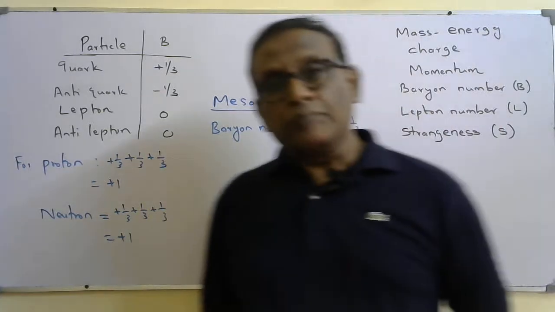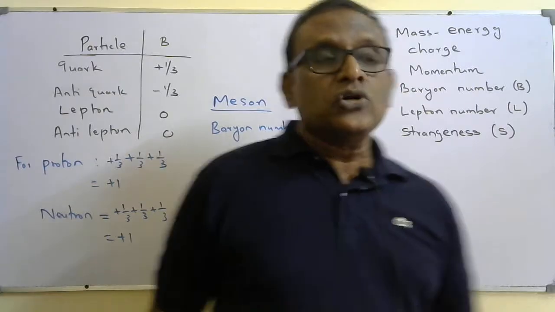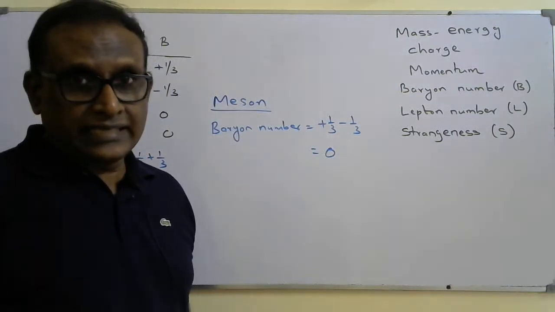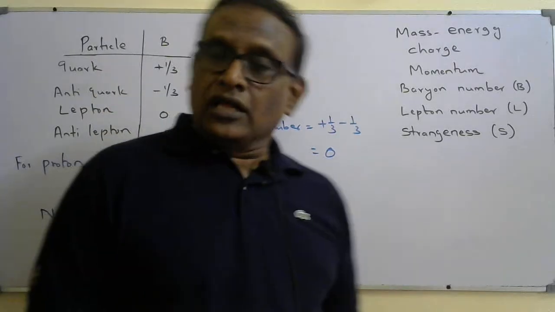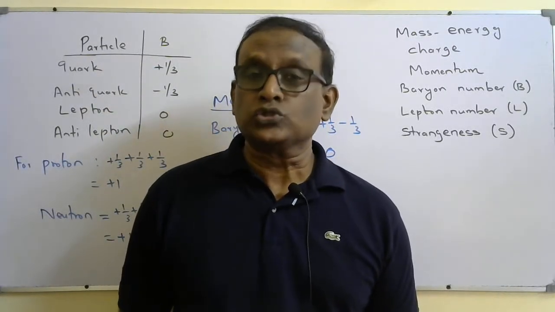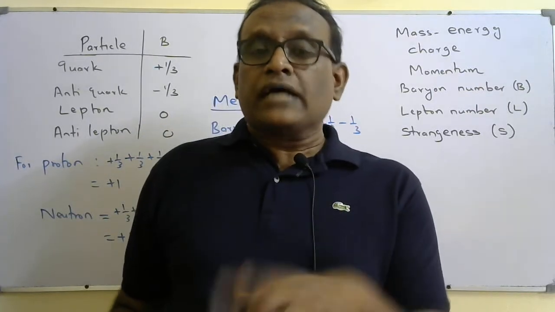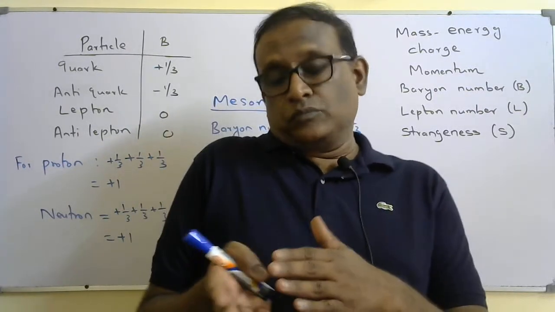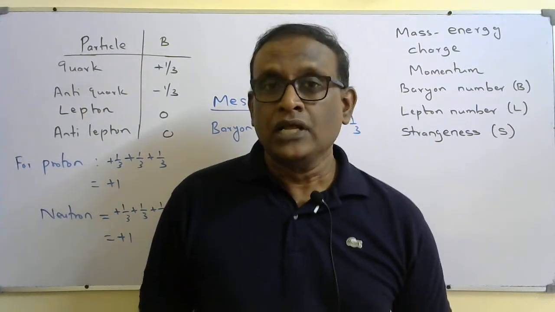Okay, so baryon number of a nucleus, what could it be? When you think about a nucleus, it consists of both protons and neutrons. In O level we learned that the total number of protons and neutrons is called the mass number.